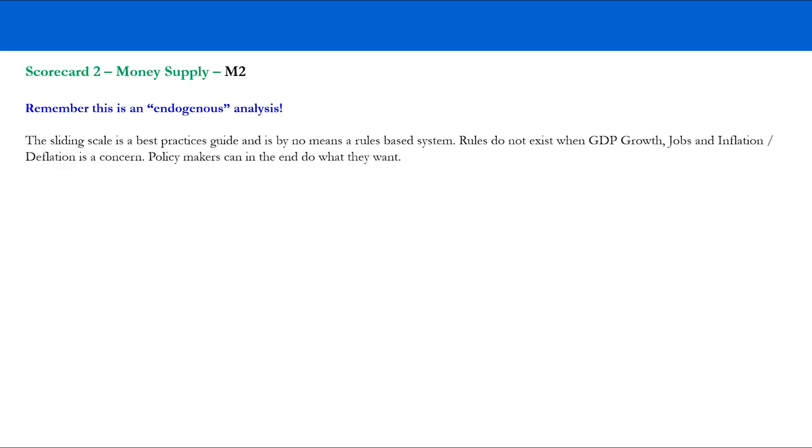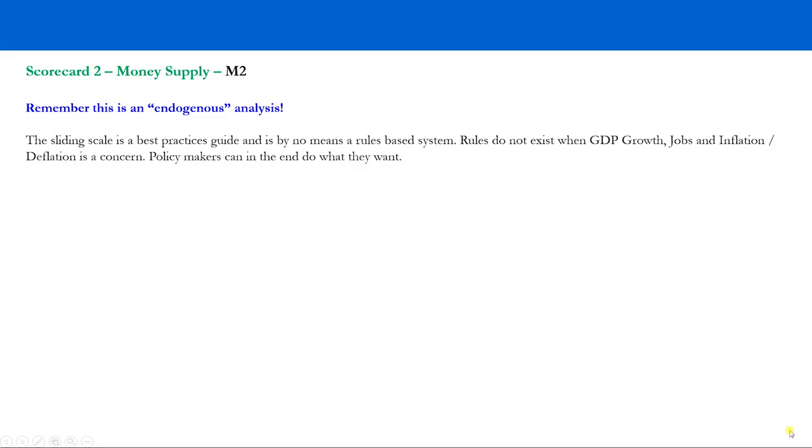We look at the points where in history economic drivers predict certain things, and we look at the majority of cases. So, we try to scorecard on a multitude of factors. And we believe if we do that, we will get to a result which is objective and kind of tells us what we should be thinking and what we should be doing. So remember, it's an endogenous analysis, not a rules-based system, and it's a best practices guide.